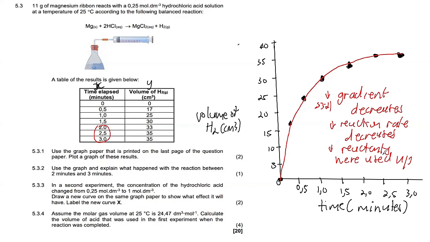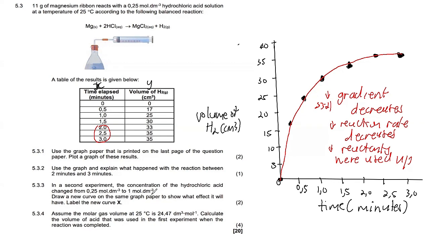So that's how you explain that. Every time you see a smooth curve, it means that the gradient is decreasing. If the gradient is decreasing, that means the reaction rate is decreasing, and that is caused by the reactants being used up, right?